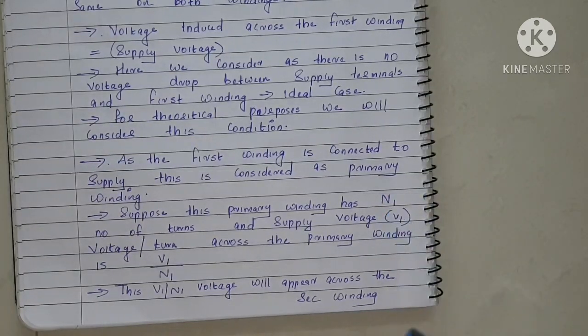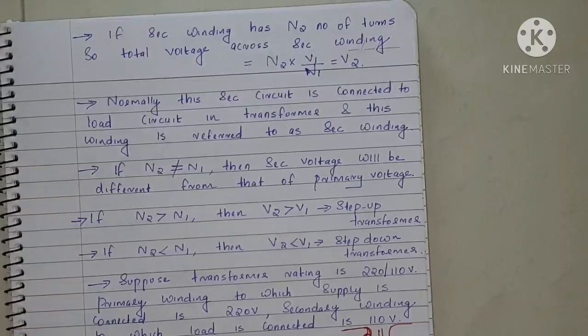Suppose this primary winding has N1 number of turns and supply voltage V1. Voltage per turn across the primary winding can be represented as V1 by N1. This V1 by N1 voltage will appear per turn across the secondary winding.